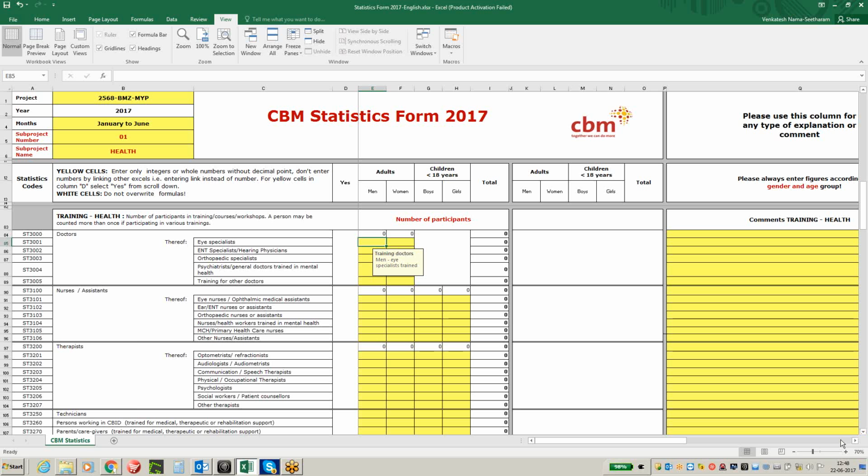As of now, I think it is not being required by any of the stakeholders. As I told you, we consulted all the stakeholders, and only the minimum required things are there in the stats form. There are many other things which are not in the stats form. For example, as you said, we can ask about persons with disabilities here: okay, five eye specialists and ten hearing physicians were trained, and out of these, how many were persons with disability.